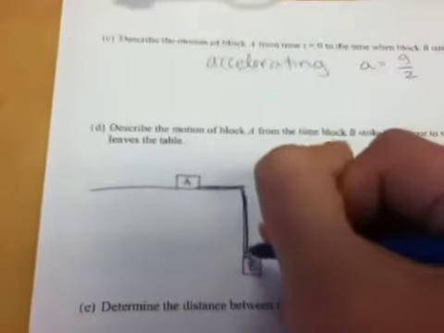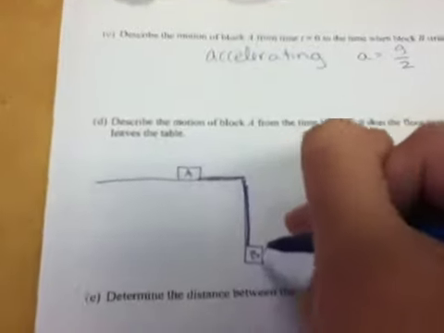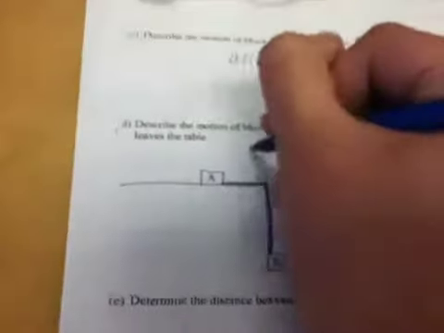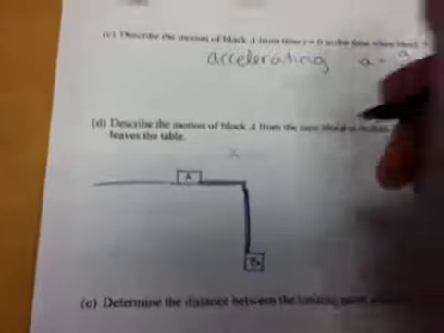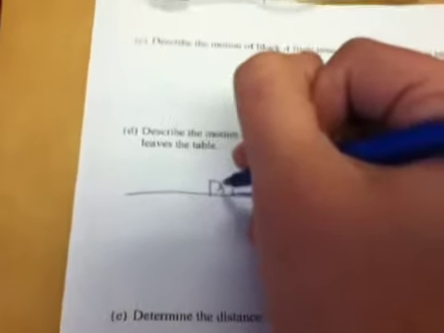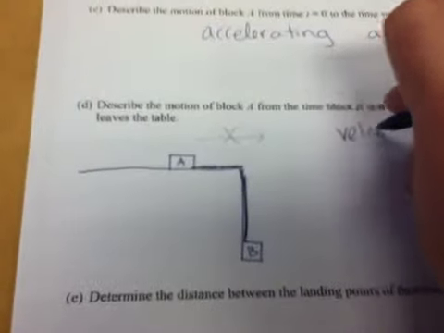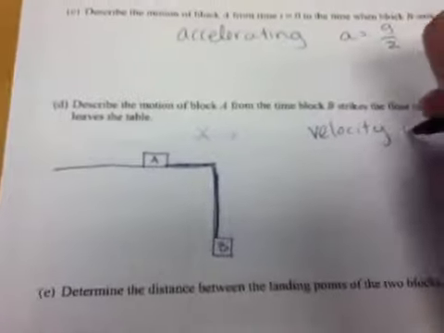But look, once this block B has hit the floor, we no longer have anything pulling this towards it. Therefore, the forces are going to be balanced. And if the forces are balanced, then our velocity is constant.